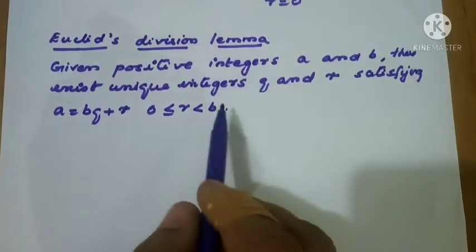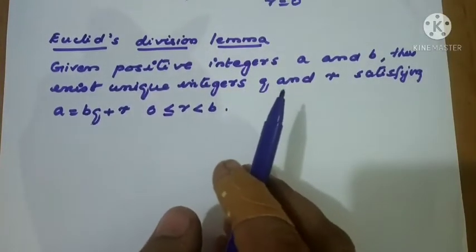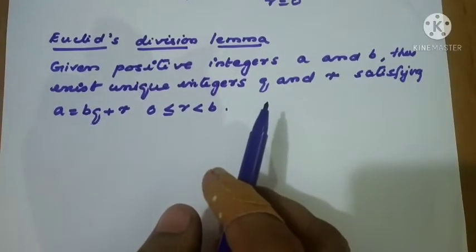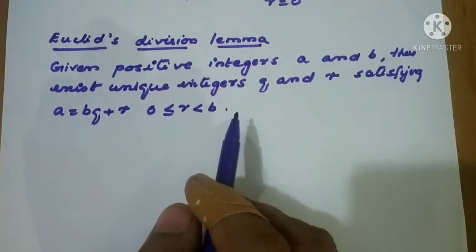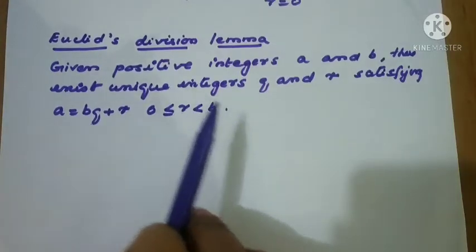Perhaps it was known for a long time, but it is recorded in his book Euclid's Elements. So Euclid division algorithm is based on this only.